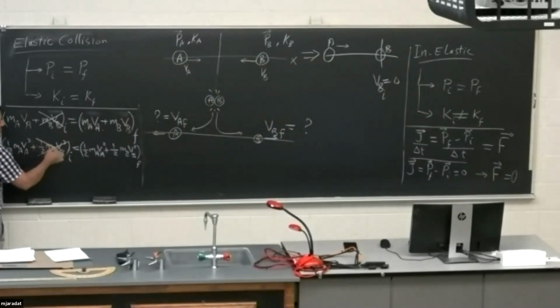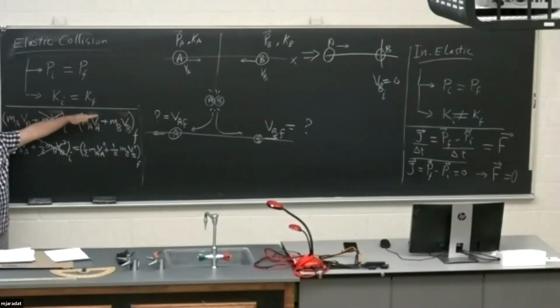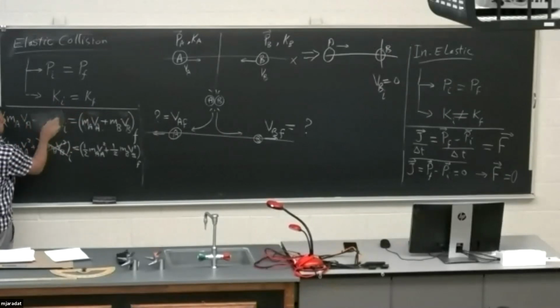Also, this term will be 0. So our equations now, after removing the vector property, assume the velocity of B is equal to 0, and in any future example or question in the exam, we need to assume this, it's better.